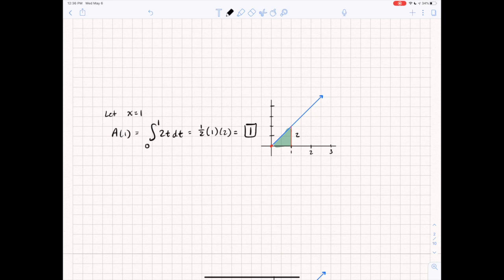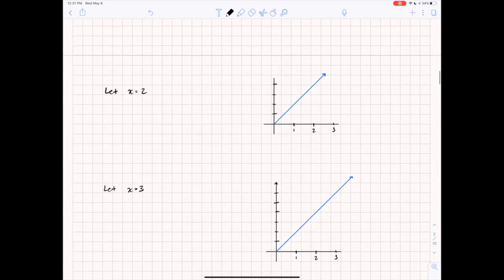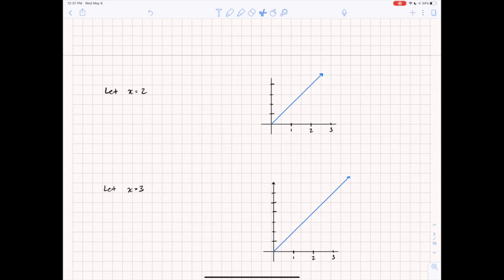All right, well, what about if x is 2? All right, so I've got that graph drawn here. We'll do x is 3 underneath. I'm actually going to move these graphs a little bit because they're not on the grid. There we go. All right, so let's let x be equal to 2. So then I want to find A of 2. This is the definite integral from 0 to 2 of 2t dt. So just to show you geometrically what that is, I'm going to draw a line here at 2. There's my x, essentially the slider.